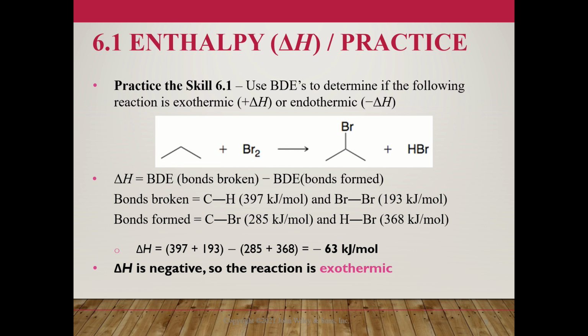So in this case, the change in enthalpy is the bond dissociation energy of the bonds broken minus the bond dissociation energy of the bonds formed. For the bonds broken, there's a C-H bond and a bromine-bromine bond. And for the bonds formed, we have a carbon-bromine bond and a hydrogen-bromine bond.